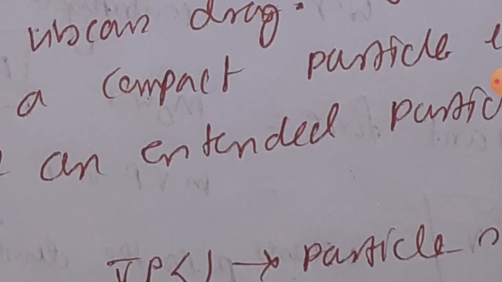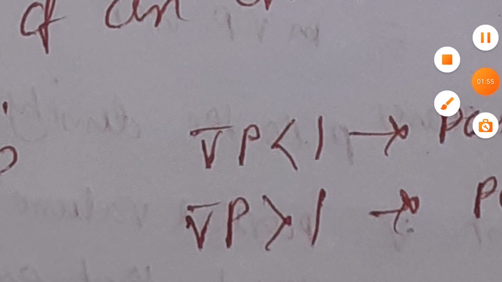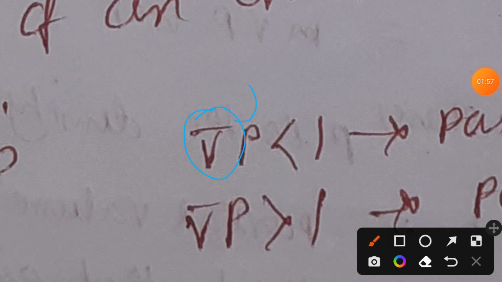You can simply remember this in such a way: what is v bar? V bar is the volume occupied by each gram of particle, the volume of each gram of the solute that is present in the solvent.